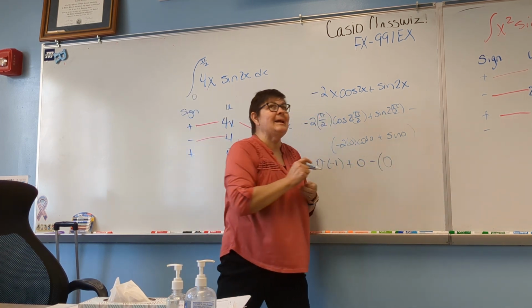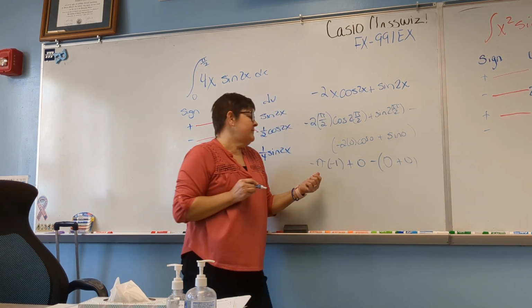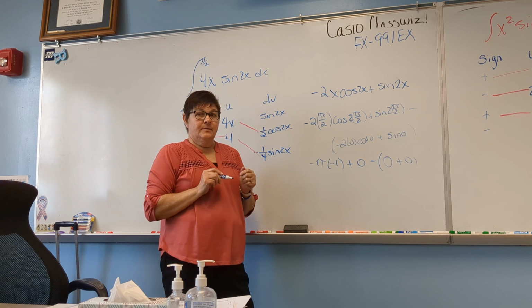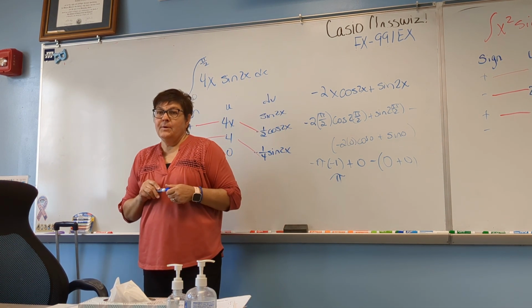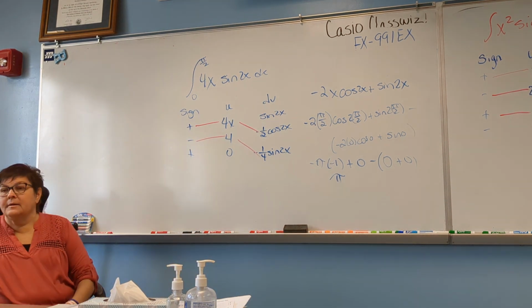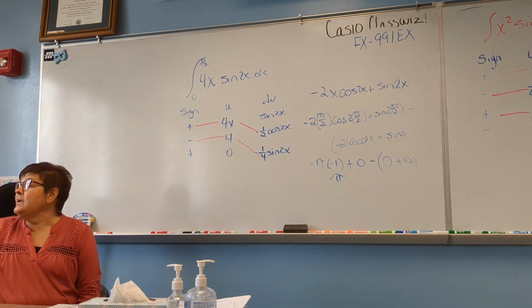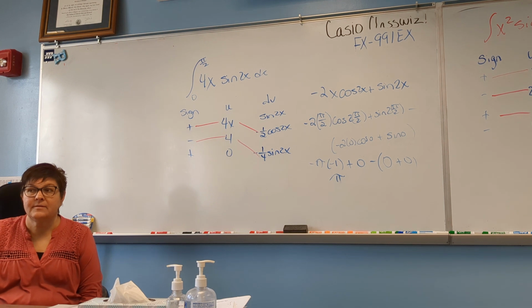And what's sine at 0? 0. So we have negative pi times negative 1 plus 0 minus 0 minus 0. So pi is the answer. What do we think? Good? Feeling it. Okay, so any questions about that? Are we good?